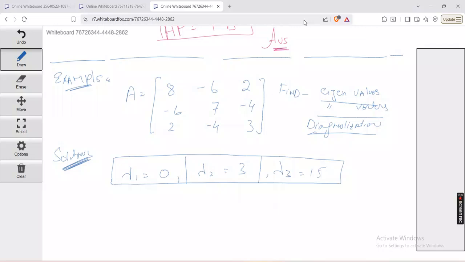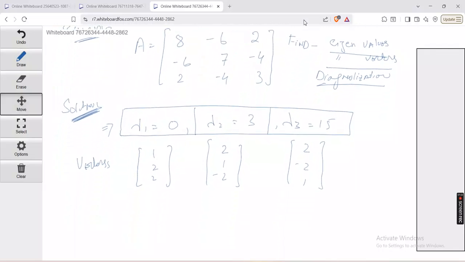And your eigenvectors will be, let me check here, for this one 1, 2, 2, for this one 2, 1, minus 2, and for this one 2, minus 2, 1.